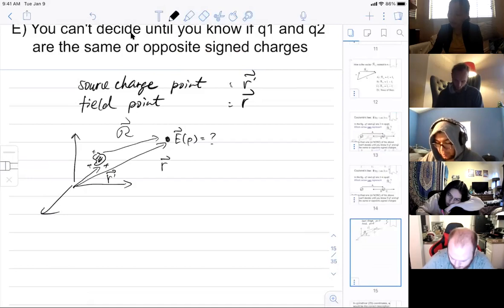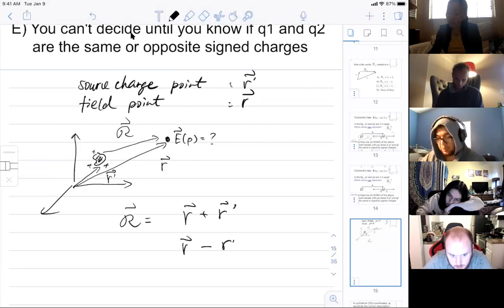So the curly R vector is going to be the combination of R and R prime. My question for you is, how do you represent curly R using R and R prime? Is it going to be R plus R prime, or R minus R prime, or R prime minus R?